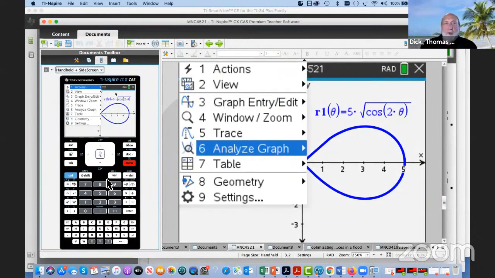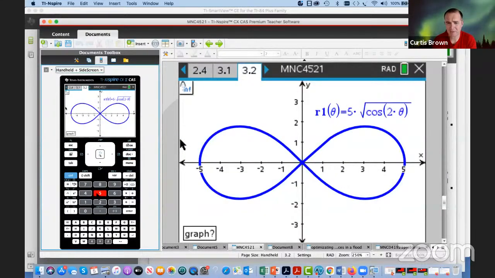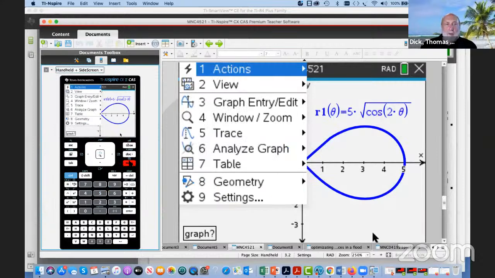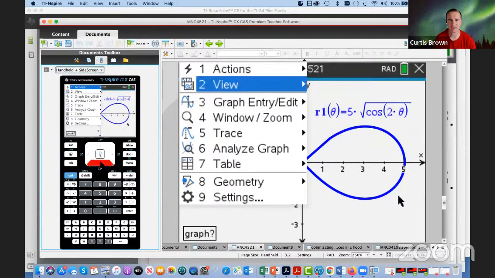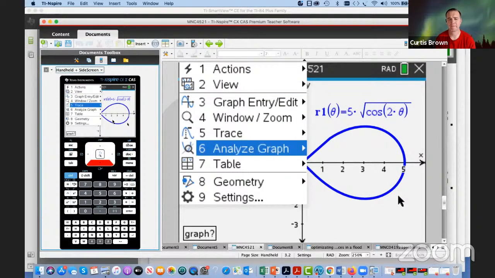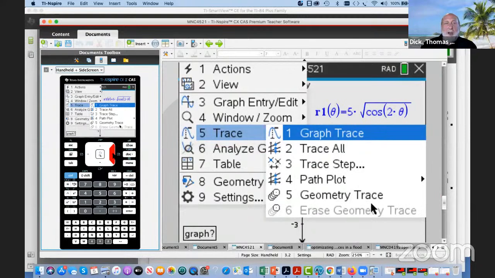And so we'll do a trace, and you can do the animated graph. I was hoping to use the trace, and then underneath of that, there's animated path plot. Not 6, try 5, Tom. There we go. So path plot.